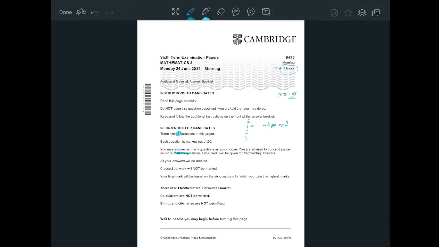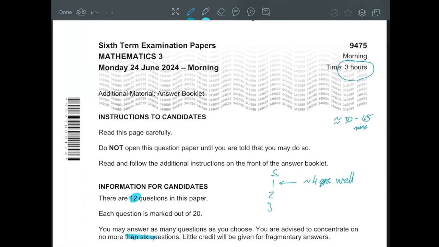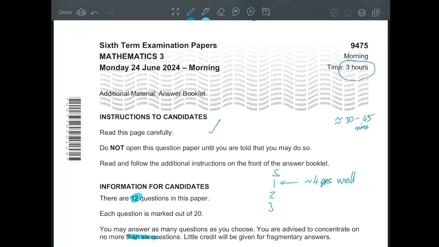We're now going to read through this paper, look through each of the questions. I like to put a little code next to each question, either a tick, a question mark, or a cross, depending on whether I would tackle this as one of my 4 to 6 questions. And of course that changes as the exam goes on.